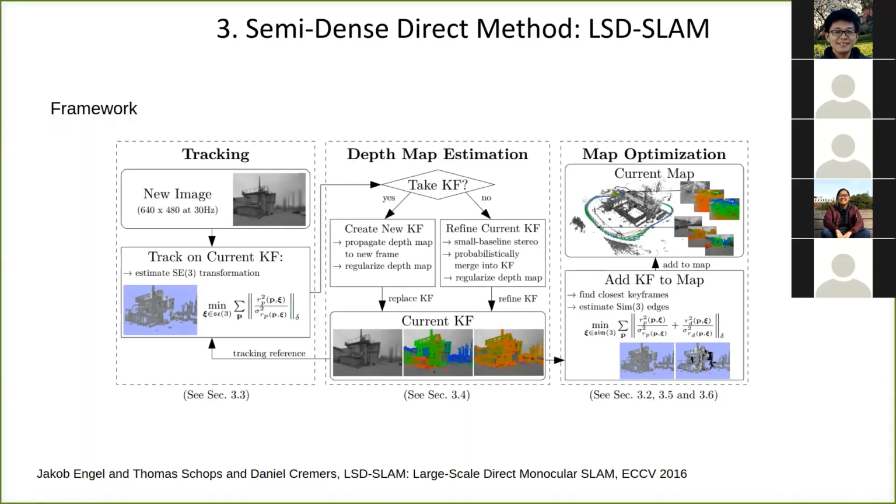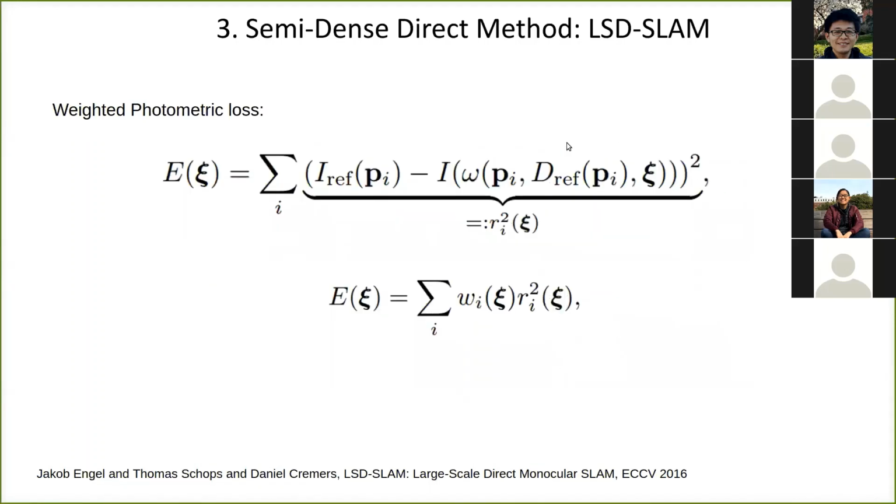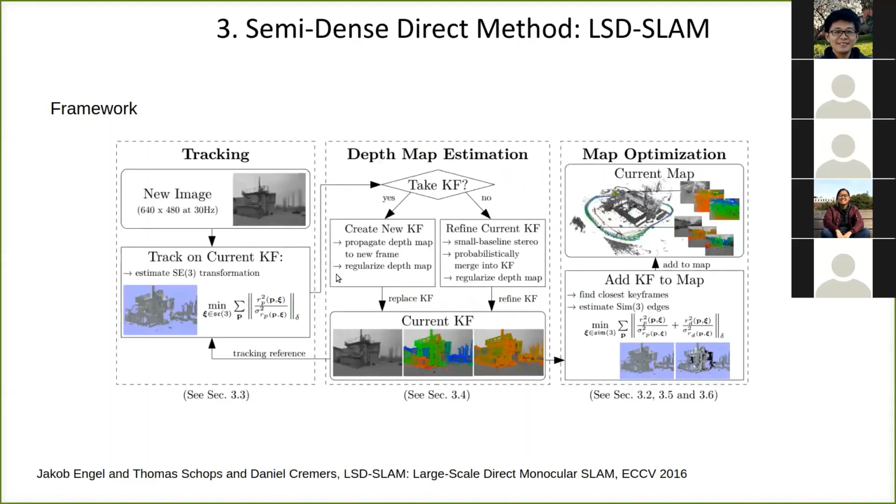So this is why it's semi-dense. Okay. So the optimization goal is also the photometric loss, which is similar to DTAM. We minimize the photometric loss, and then we optimize the camera pose and the depth.